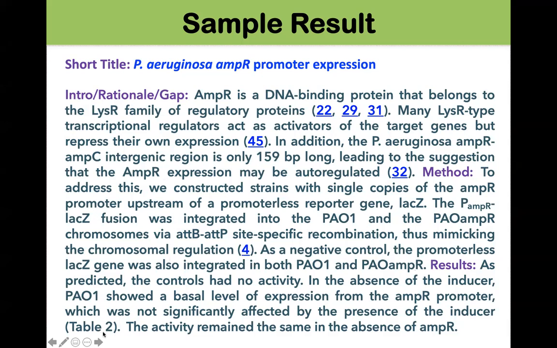And then look at what I say: as predicted, the controls had no activity. Then in the absence of inducer, and so on. And then you put Table 2. You don't have to say Table 2 has the results. No, you start explaining the results and put Table 2 or Figure 2, etc., exactly where they are. Got it?